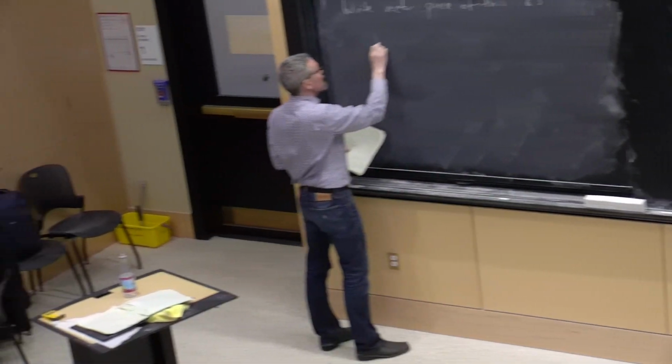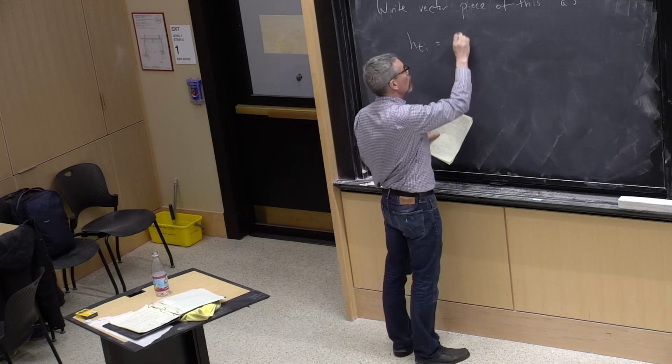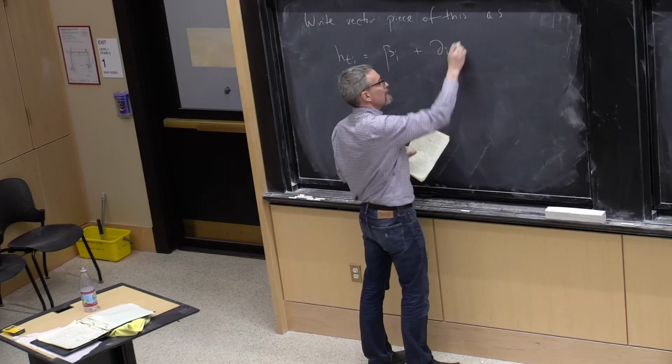So what I'm going to do is say HTI is equal to beta I plus the gradient of some gamma.